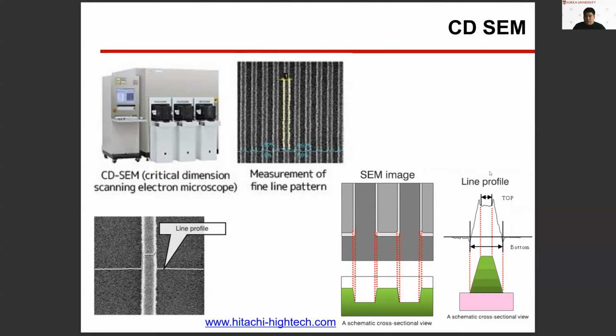At the tapered area, at the borders of the pattern, the tapered area usually reflects more electrons than the planar area. So this is turned into the image.